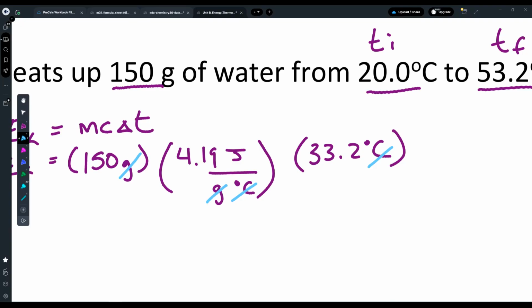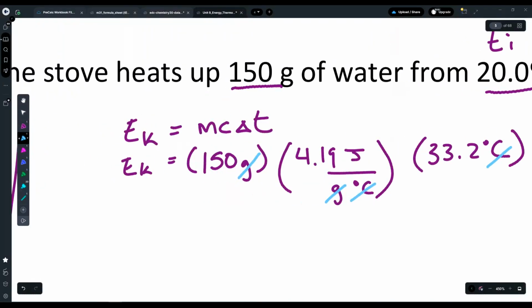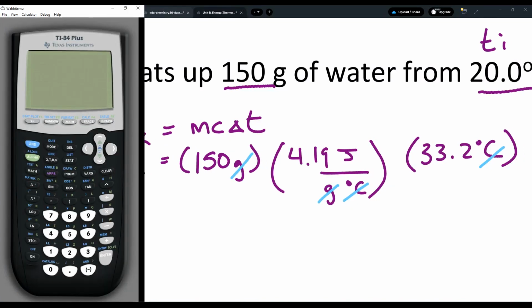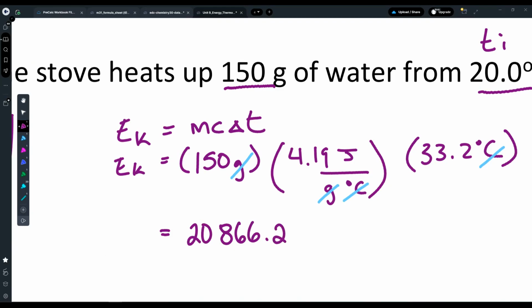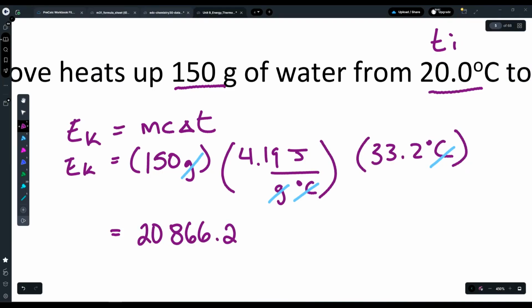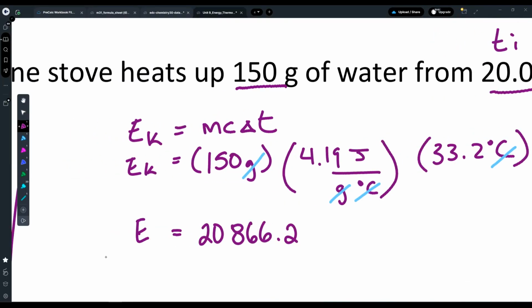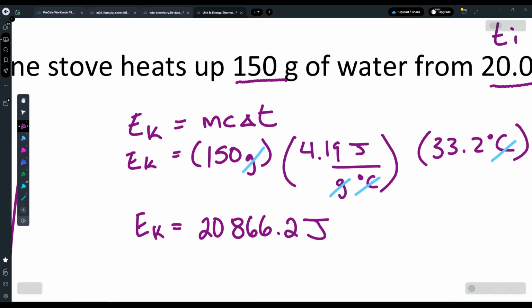So let's multiply all of this together. 150 times 4.19 times 33.2, and we get 20,866.2. Since the only unit that didn't cancel out is joules, that's what we're working with here.